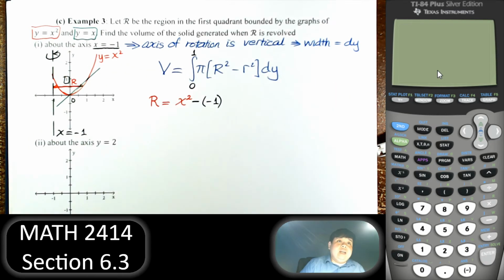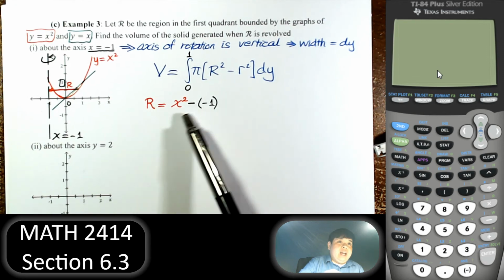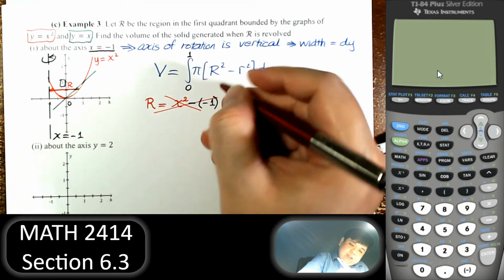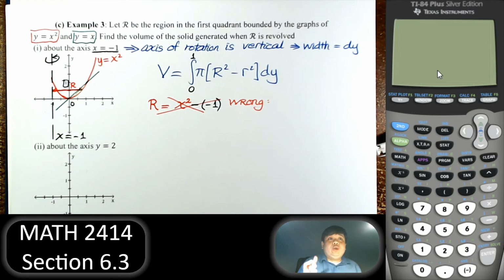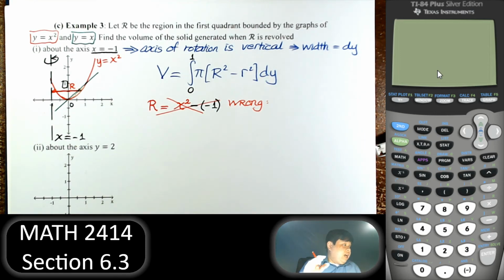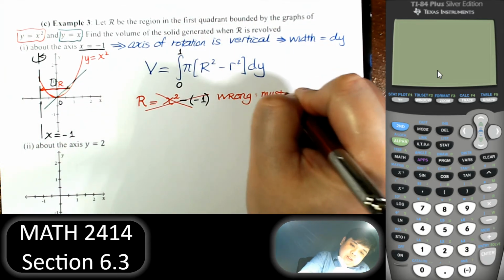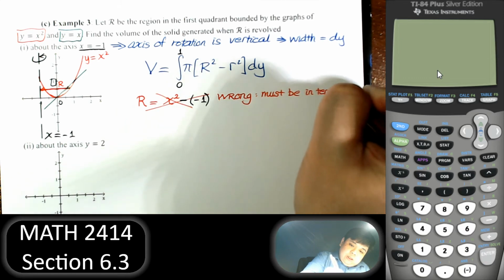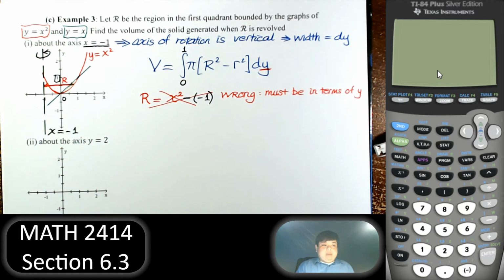But by the way, is this correct? It will be no, because if this is dy, the radius here has to be in terms of y. So this is wrong. I did that on purpose, just to make sure that if it is dy, everything has to be in terms of y. Right, try that again.